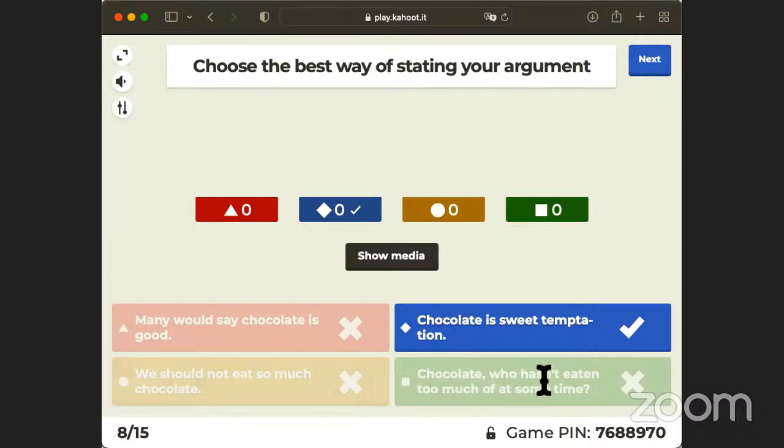Chocolate, who hasn't eaten too much at some time? No, it's too personal. And this one has the wrong subject. Many or we. You're just talking about your topic, which is chocolate. Chocolate is a sweet temptation, so you just need to be a little bit more formal.